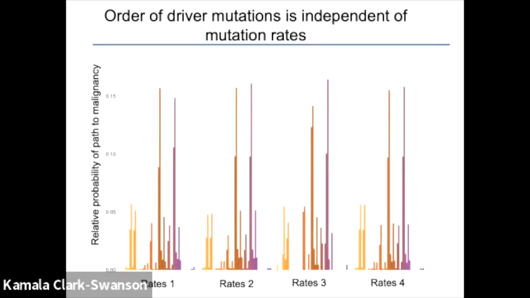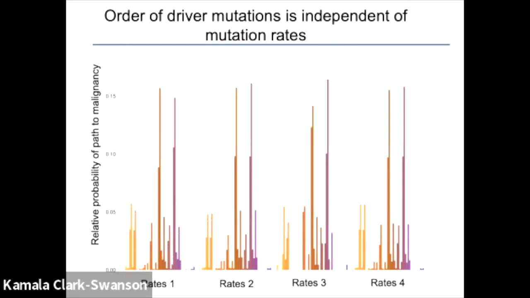So for example, on the bottom, we show the relative probability of different paths to malignancy. So we see there's multiple different paths that can happen. Rates 1 is our original rates, and then we multiply them by 2 or divide them by 2 or only multiply 1 by 10 to have it not be symmetric.